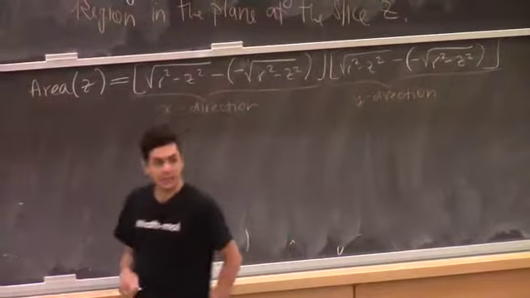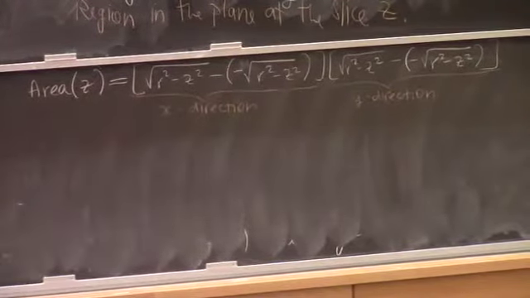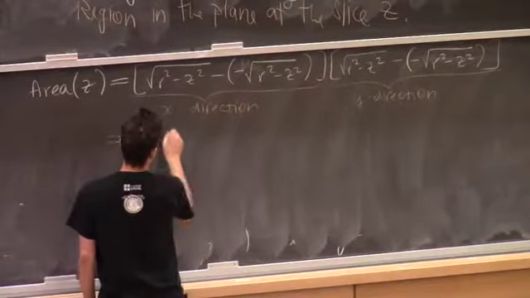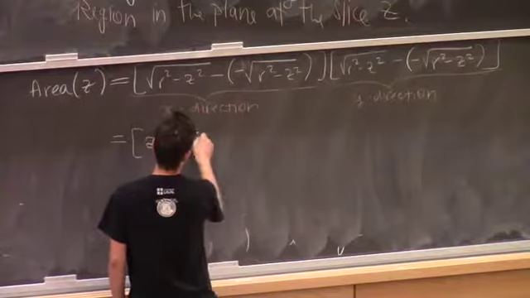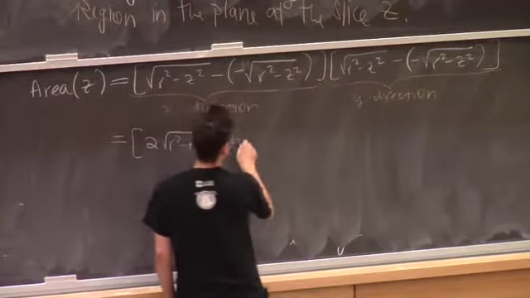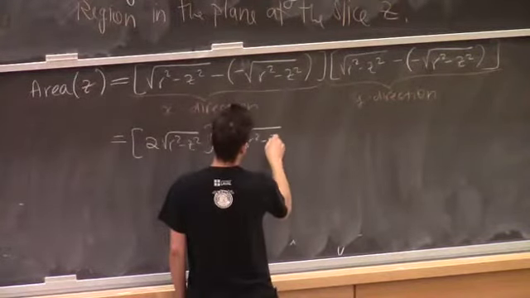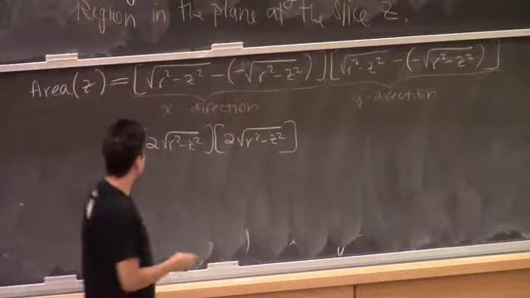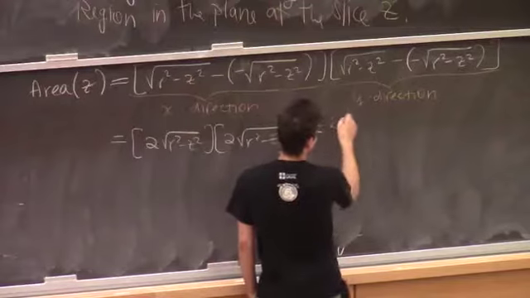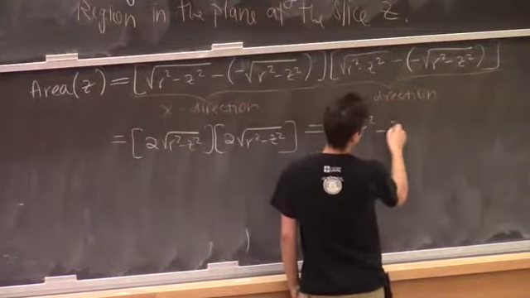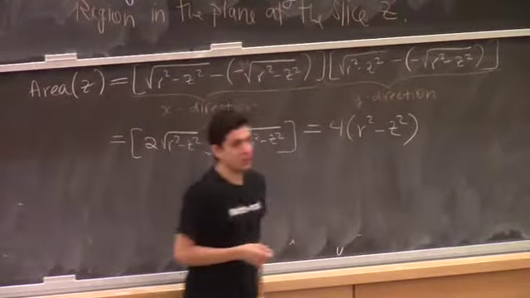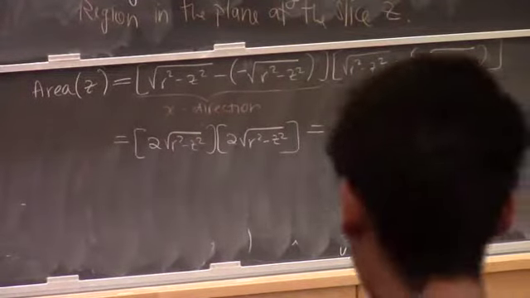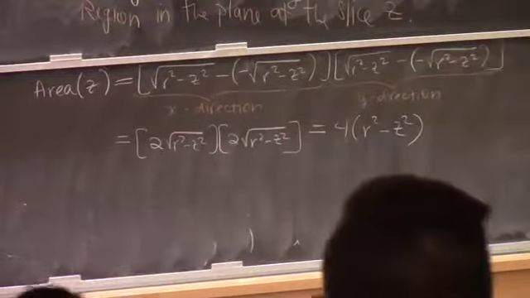There's the slice in the y direction. And we wind up getting this guy. Multiplying out, we get that the area of the slice is 4 times r squared minus z squared.